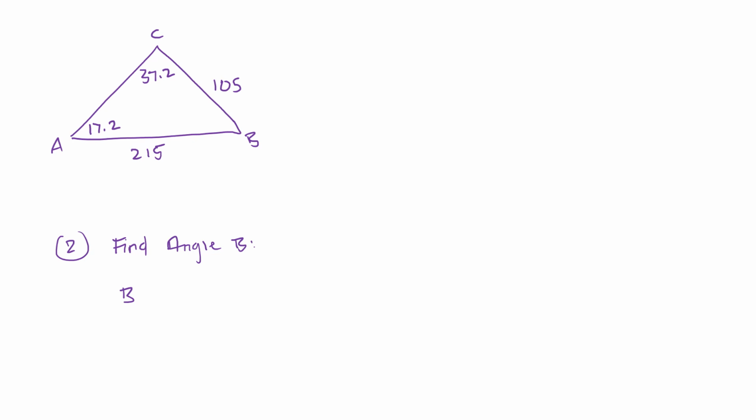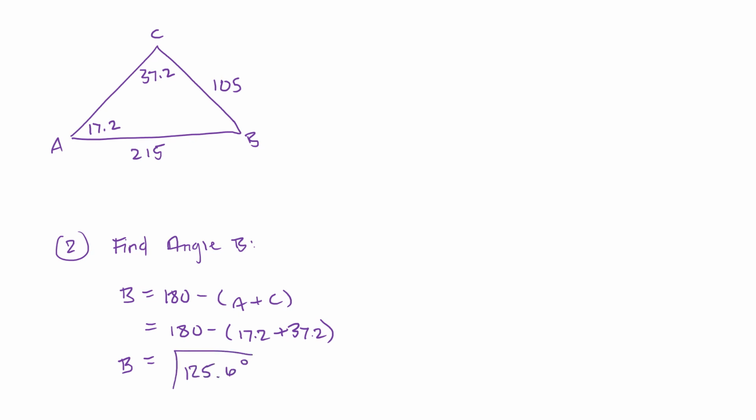So B will equal 180 minus the sum of A plus C. So that's 180 minus the sum of 17.2 plus 37.2, which equals 125.6 degrees. Okay. So we now know B is 125.6.